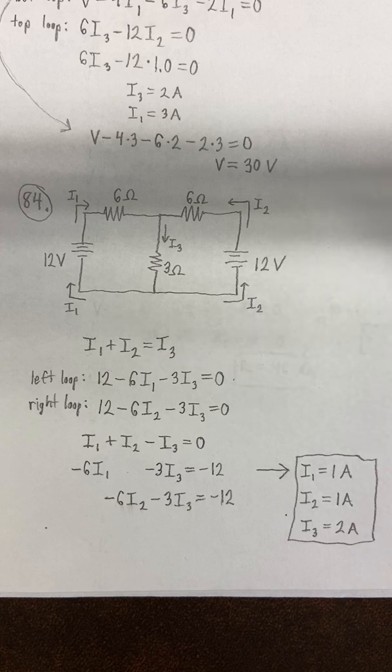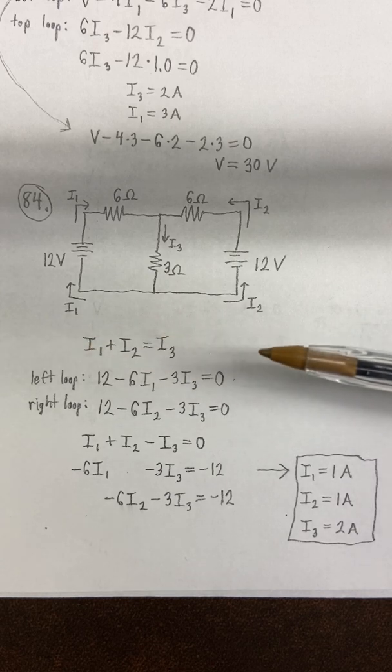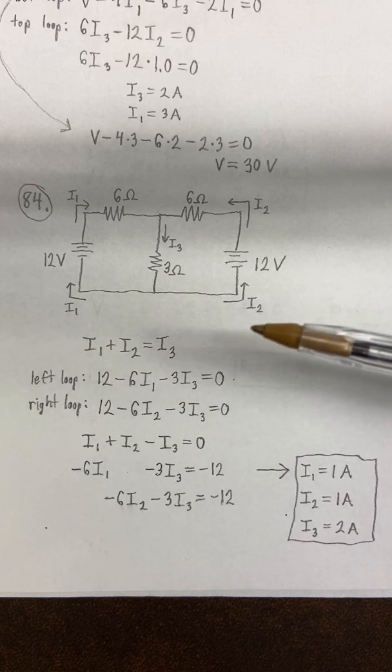We start with reasonable guesses, and then we just kind of go from there. And it's usually reasonable to have currents coming off the positive terminal of a battery. Now, it's not always true, but even if you guess incorrectly, you're just going to find the magnitude to be negative, and then you can switch it later. All right, so I1 plus I2 is I3 according to the junction rule.